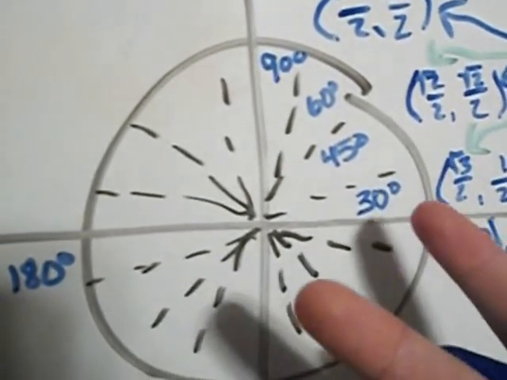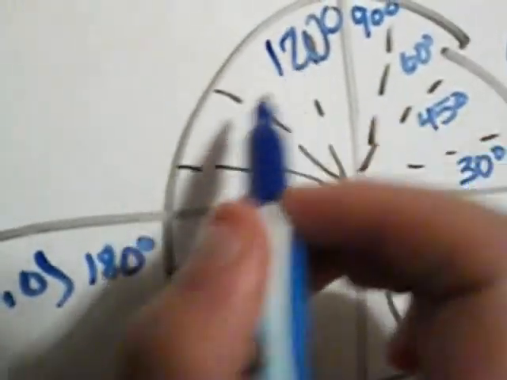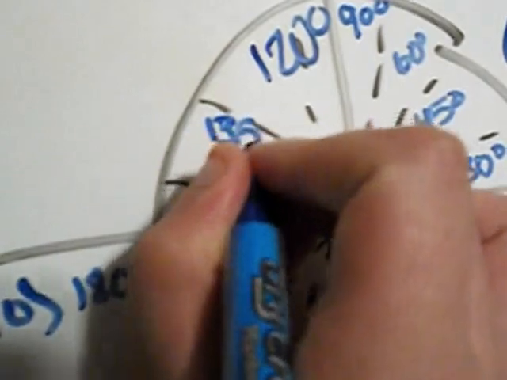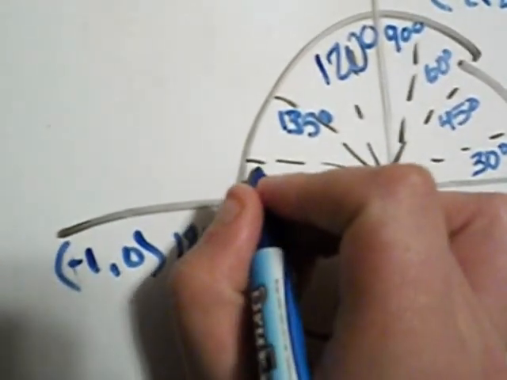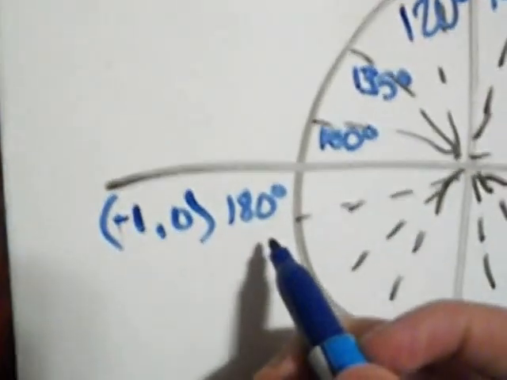So 90, 100, 110, 120. So this is 120 degrees. That's a degree sign. And then from 120 to here, you'd add 15. So that's 135. And then from 135 to the next one, you'd add 15. So that's 150. Or you can subtract 30 from 180.